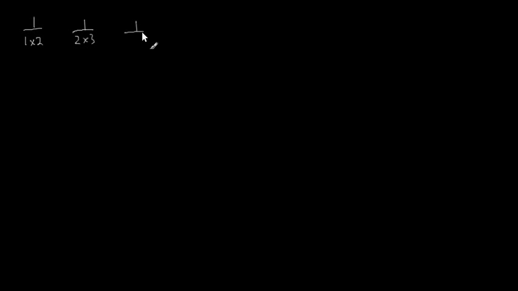Third term is 1 over 3 times 4. Next term 1 over 4 times 5, and so on. So this is term number r. Term number 1, term number 2, term number 3, term number 4, and so on.